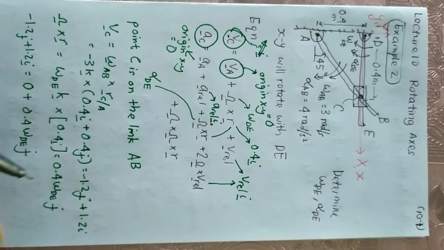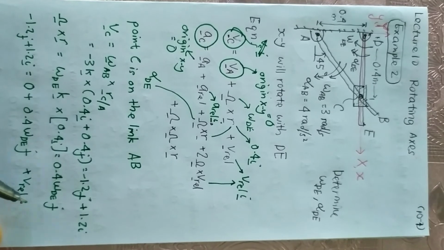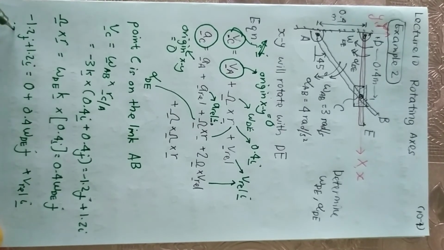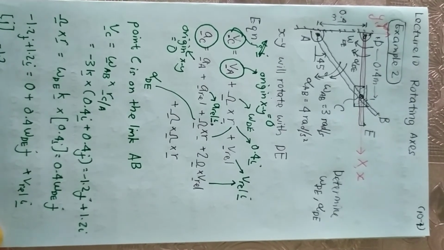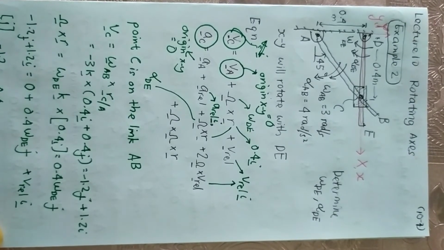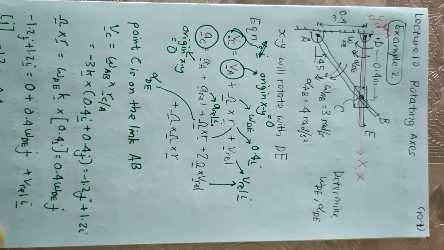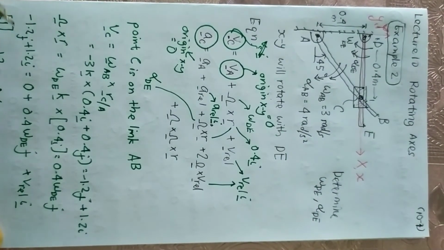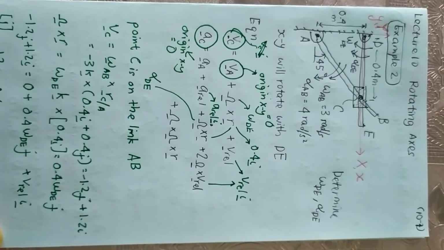And then I have V relative, so I just put V relative i. I'm solving the j component, so it's minus 1.2 equals 0.4 omega DE, and I can now say that omega DE equals minus 1.2 divided by 0.4, that's minus 3. And I can put the answer as omega DE equals minus 3k radian per second.